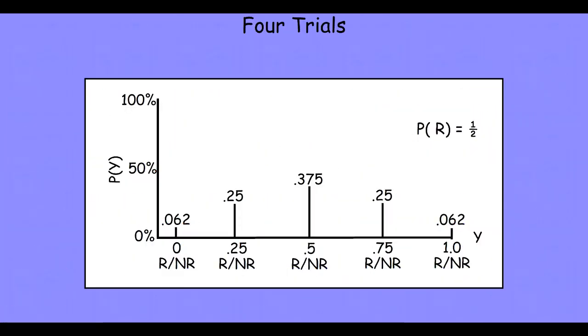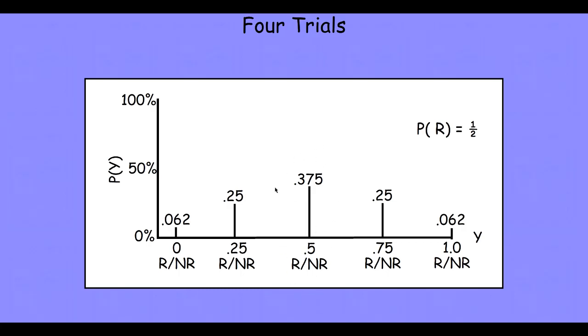If we now graph the different sample frequencies, as I've done here, what we see is that they form a symmetrical or normal distribution where the most probable sample is the one that has the same frequency as the population, 50-50.